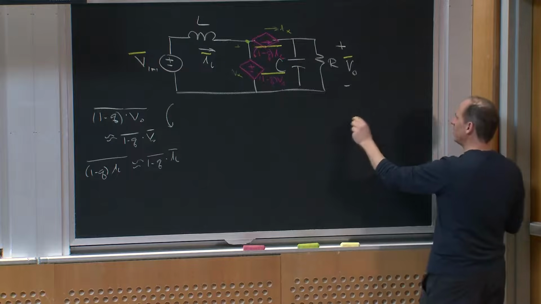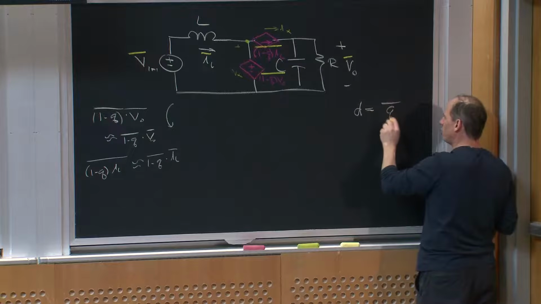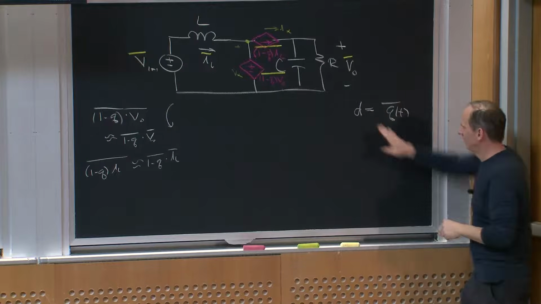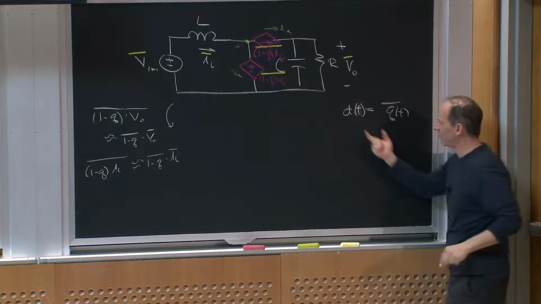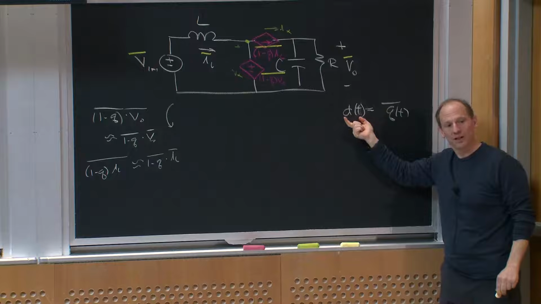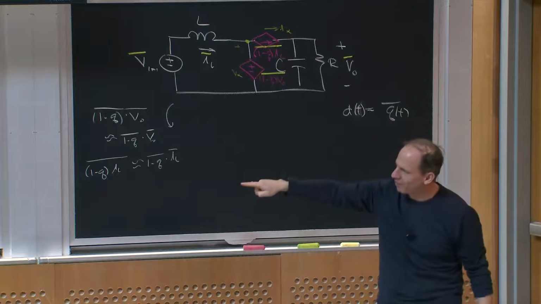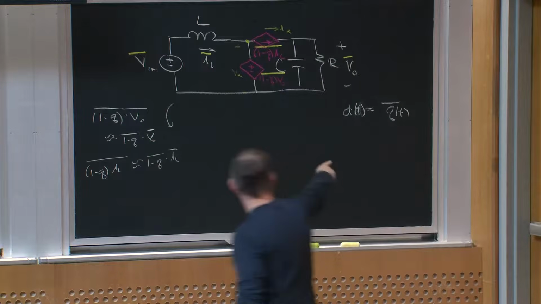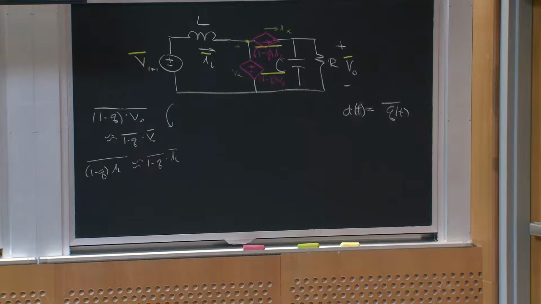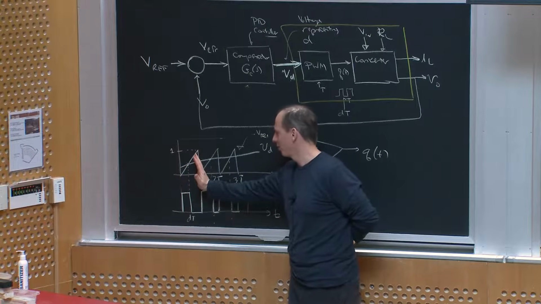Let me define D as being equal to Q bar of T. In any given cycle, if I'm assuming my duty ratio is changing slowly, it's about equal to the local average of Q of T, because that's what my PWM modulator was doing. It was giving me a duty ratio. This is precisely true only at the end of the cycle, if I did my local average right there.